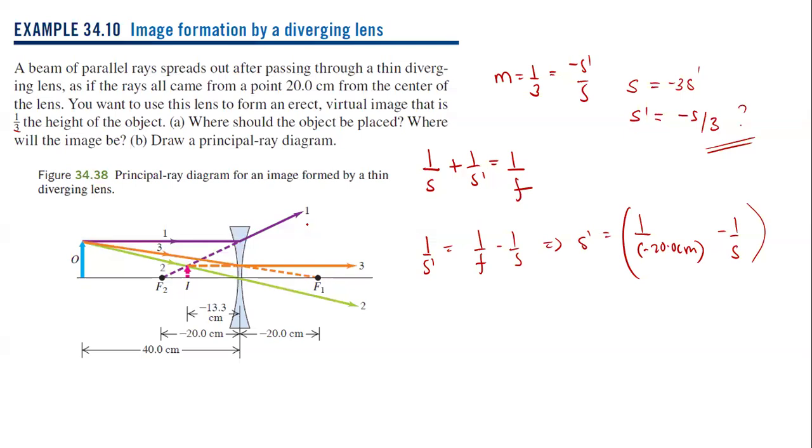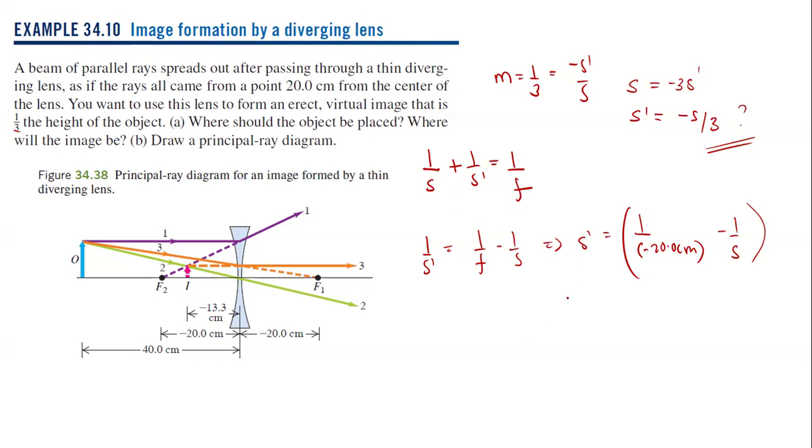Because in my calculation, it's this: positive 1/3 is equal to negative s prime over s. Cross multiply, it should be that. So s prime is s over 3. What should be this?